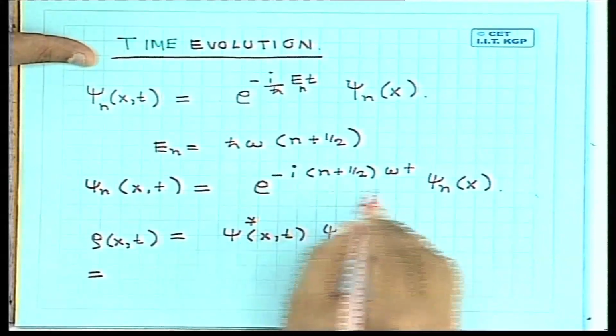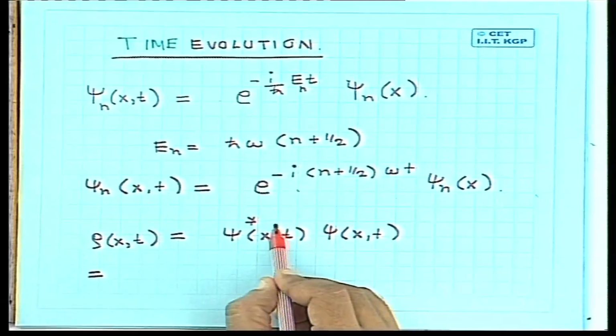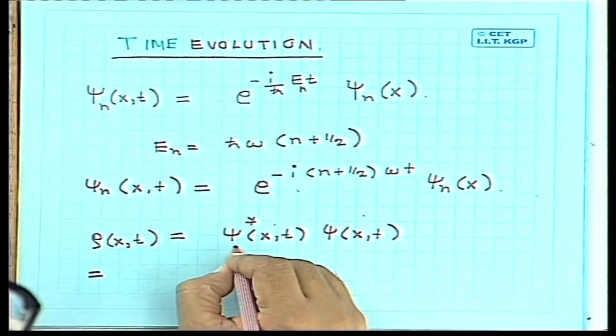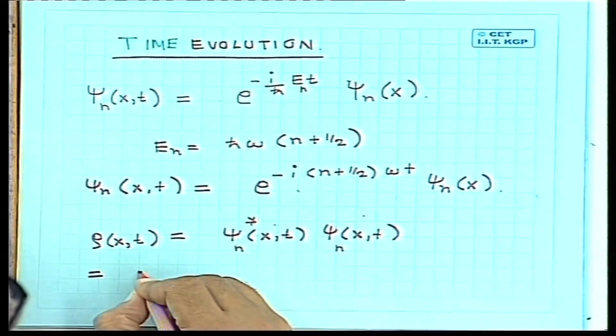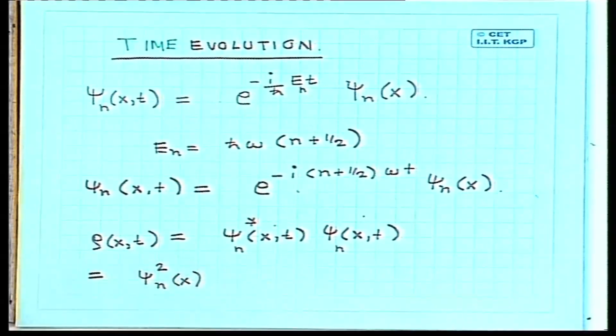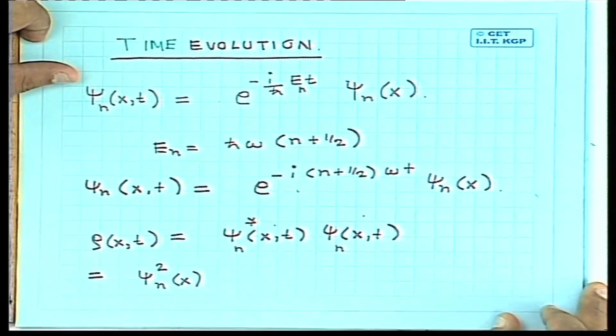So if you multiply these, this term exactly cancels out, and for the particular state n you are left with psi n of x squared. So we see that the probability density does not change in time for these states. This is quite reasonable, right? This is what we expected, because these are the stationary states, and nothing changes in time for these states.